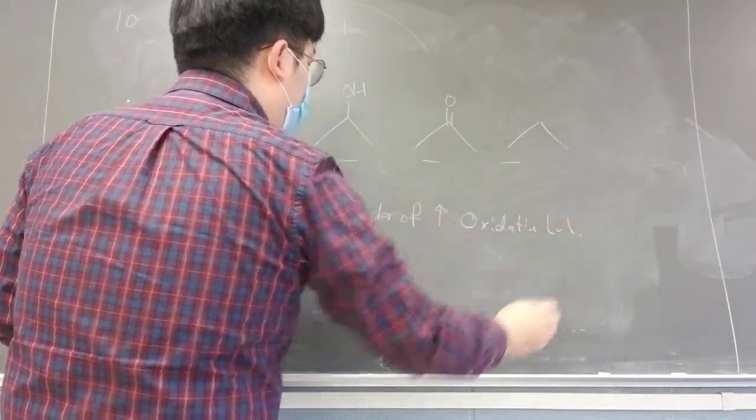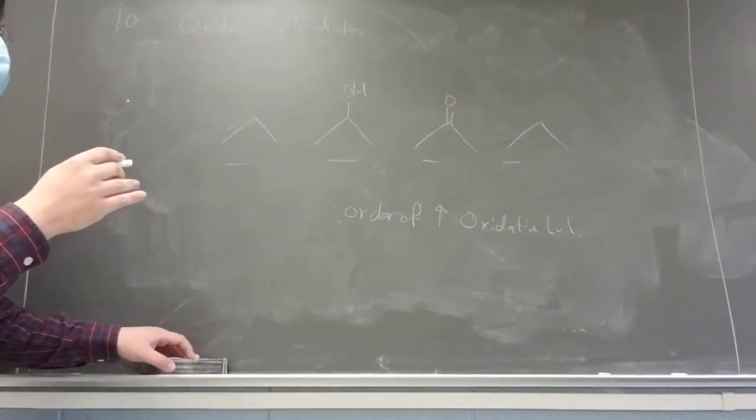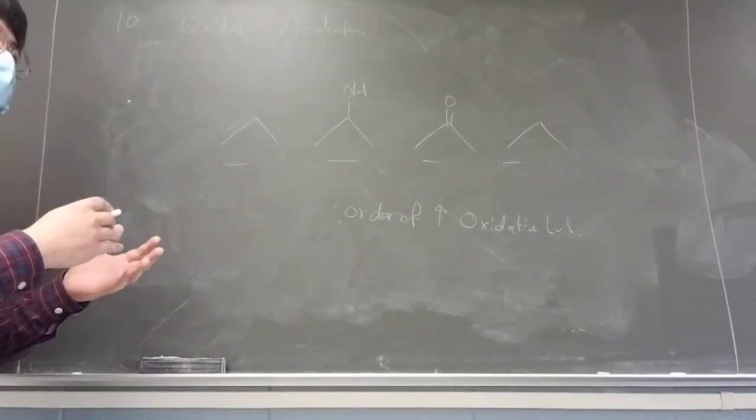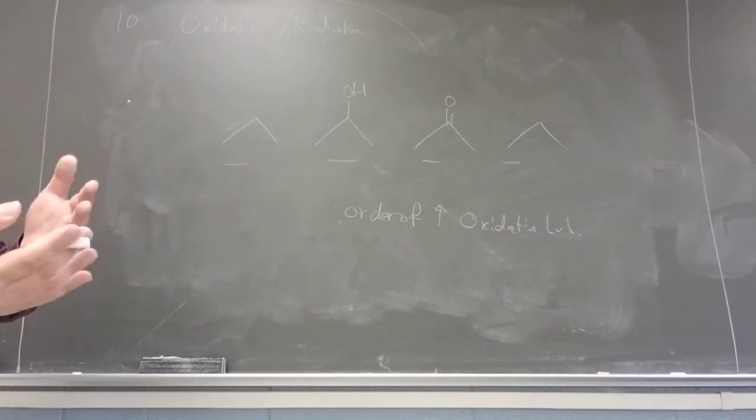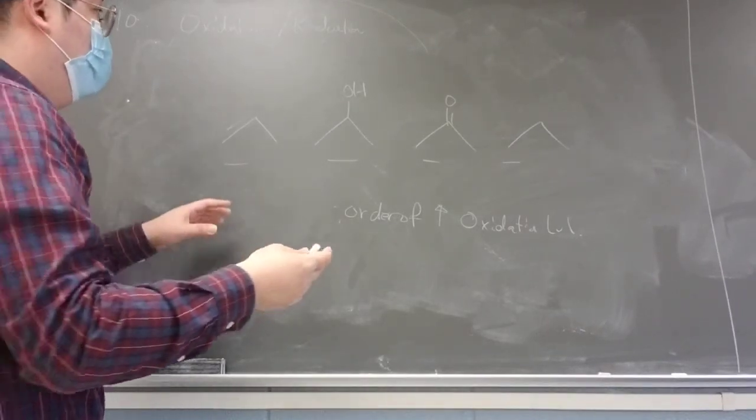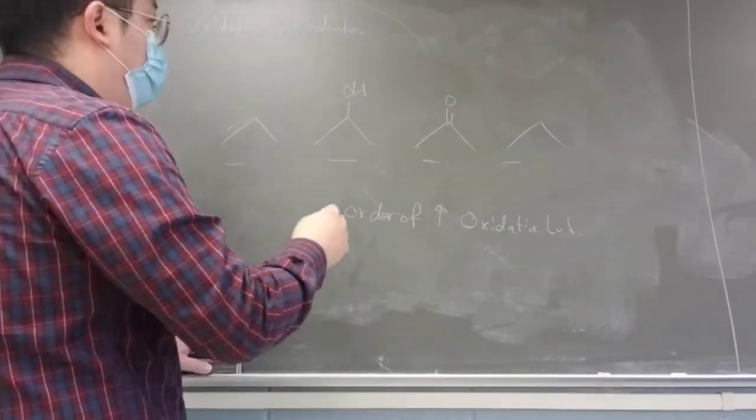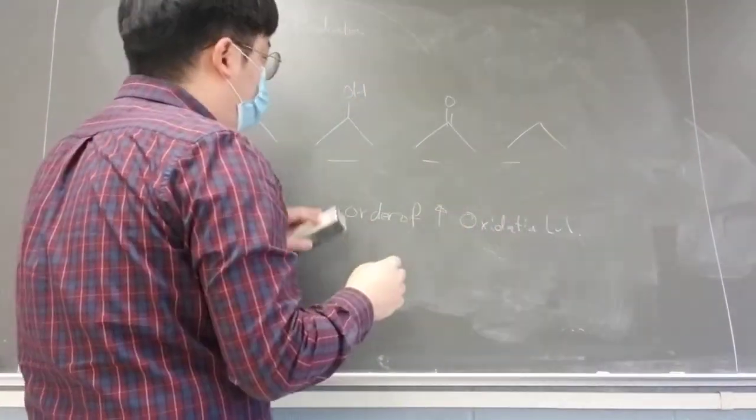Meaning the least oxidized compound will be on the left, the most oxidized compound will be on the right. So in this case, all you need to do is very simple.